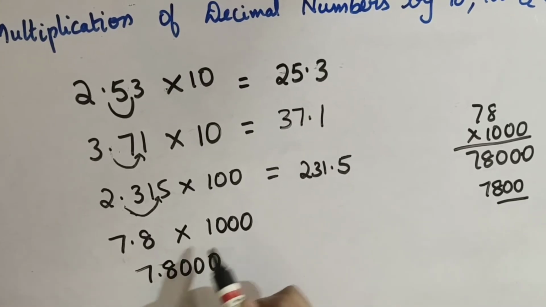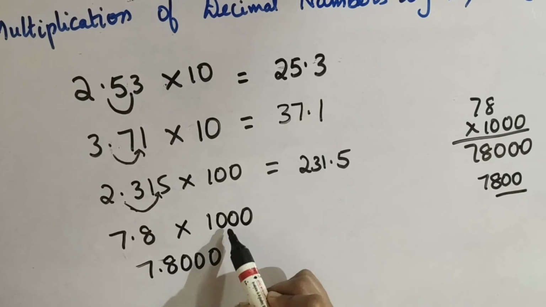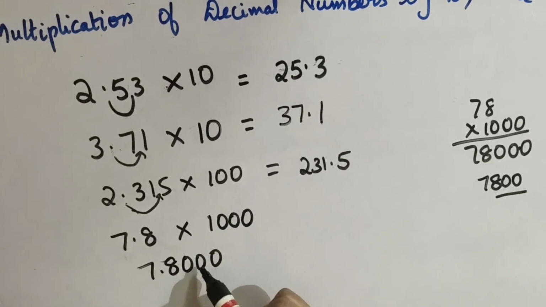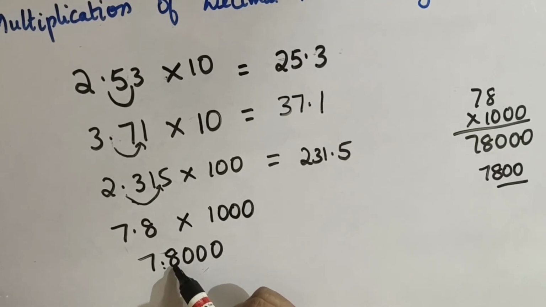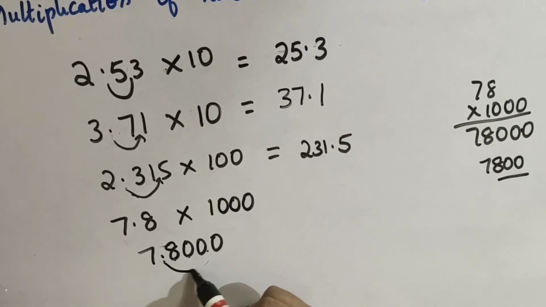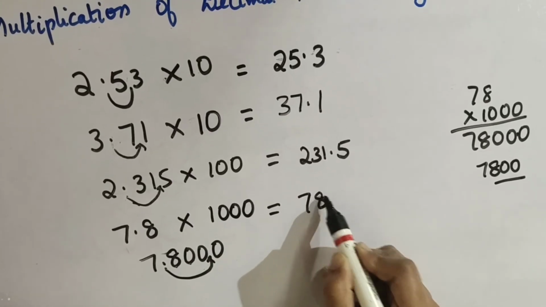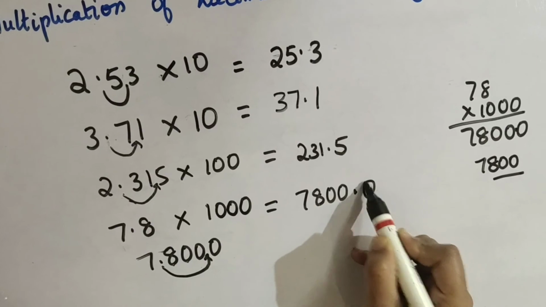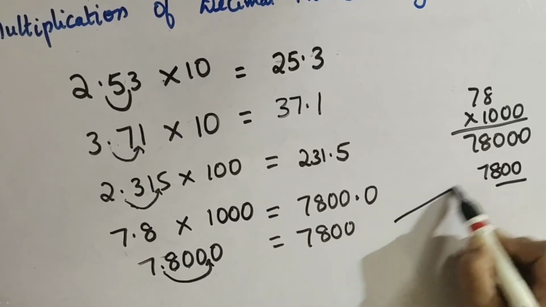Now according to this, the point has to shift for 3 zeros, right? 3 zeros are these 3 places. So from here it has to shift 3 places, that is 1 2 3. So it will shift here. So the solution must be 7800.0, which is nothing but 7,800. So are these two answers the same? Yes, they are the same.